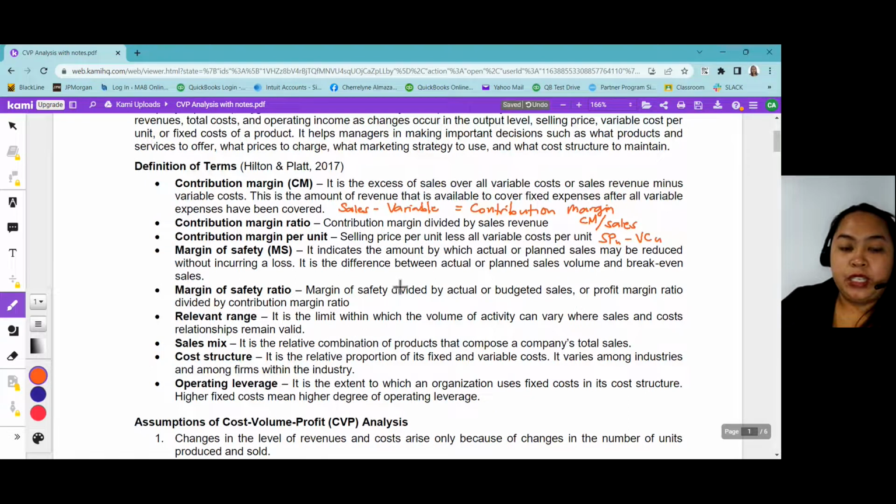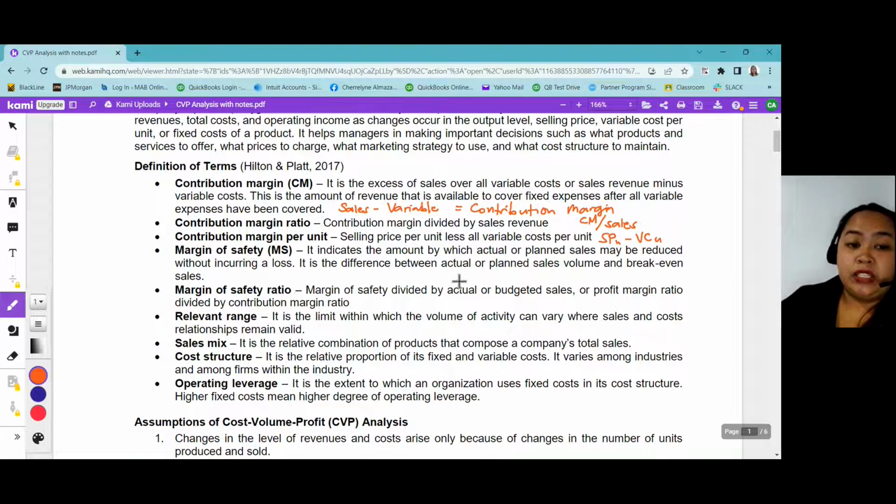So margin of safety, it determines kung hanggang saan natin pwedeng ibaba yung volume na ibibenta natin without having our net income on a negative side or without incurring a loss.